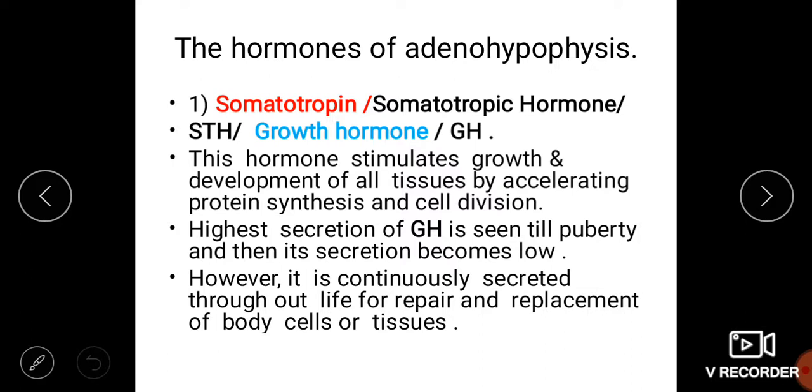However, it is continuously secreted throughout life for repair and replacement of damaged body cells and tissues. After puberty, it is mainly used for repairing tissues and cells of the body. That was the first hormone, growth hormone.